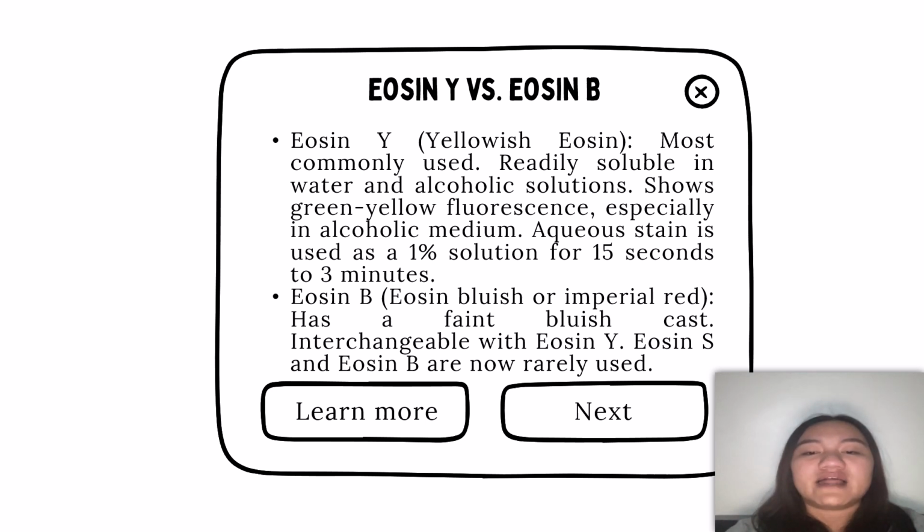Eosin Y, or the yellowish eosin, is most commonly used and readily soluble in water and alcoholic solution. It shows green-yellow fluorescence, especially in alcoholic medium, and the aqueous stain is used as a 1% solution for 15 seconds to 3 minutes, while eosin B, or bluish eosin or imperial red, has a faint bluish cast, which is interchangeable with eosin Y. Eosin B is now rarely used.